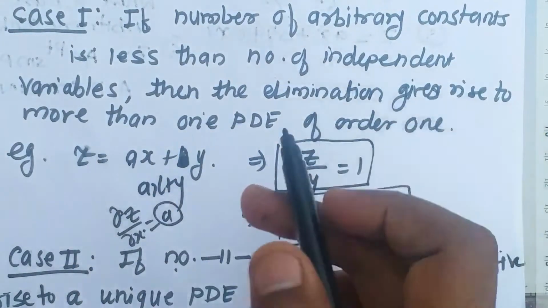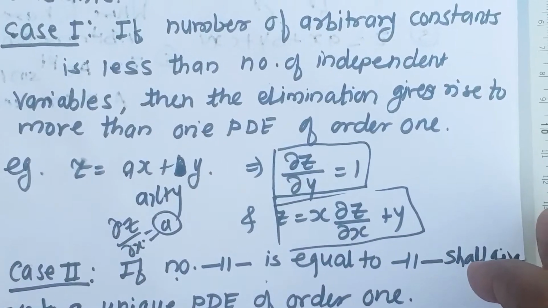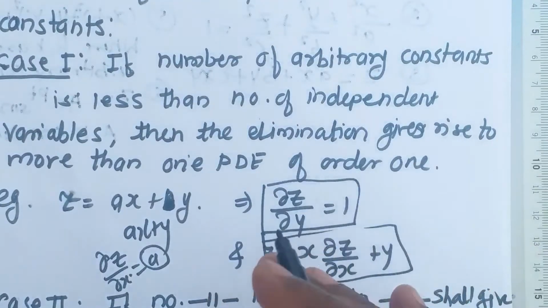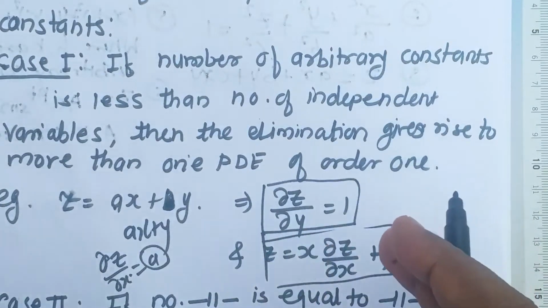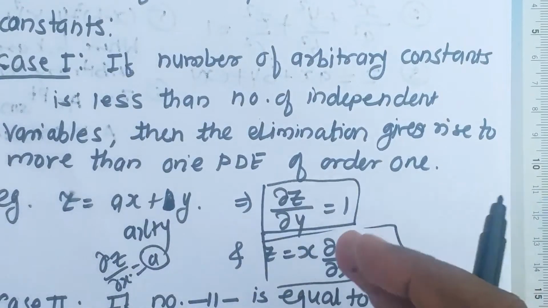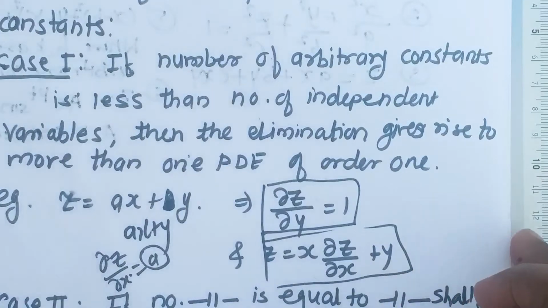If you obtain any one, that will be considered a partial differential equation for that particular case. So case 1 tells us that whenever the number of arbitrary constants is less than the number of independent variables, we may get more than one partial differential equation of order 1.